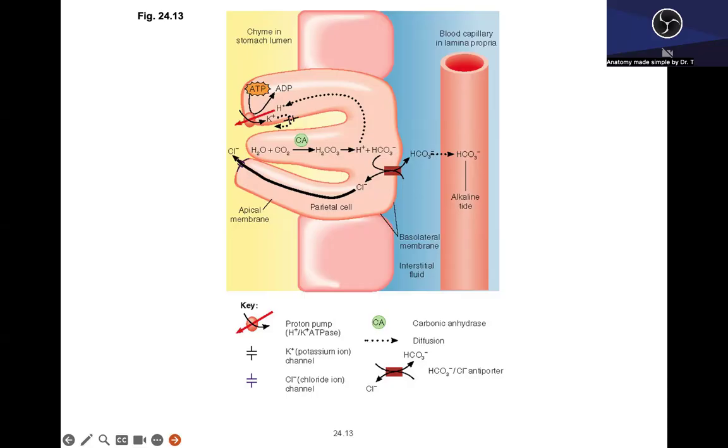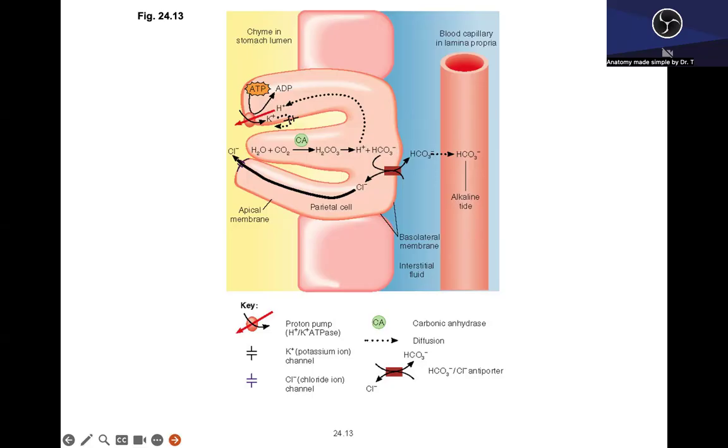The mucosa of the stomach, being exposed to really highly acidic content, is, as we mentioned, protected by its own mucous cells, whether they're deep or superficial. Gastric enzymes that can digest proteins are also capable of digesting the stomach itself.